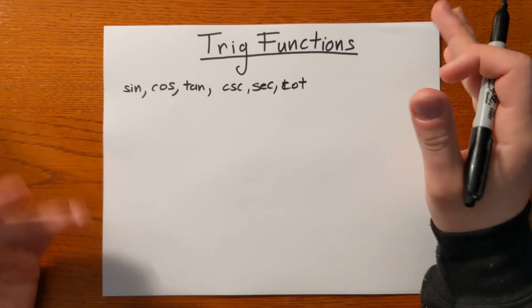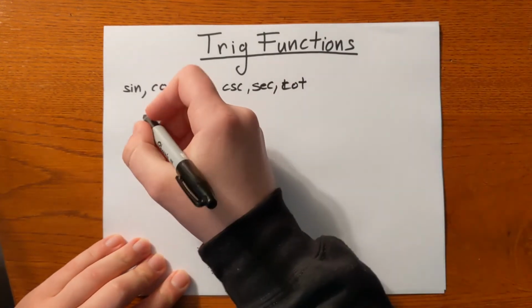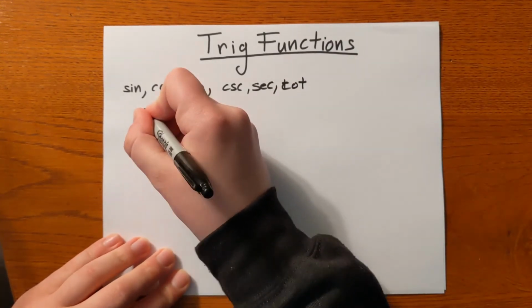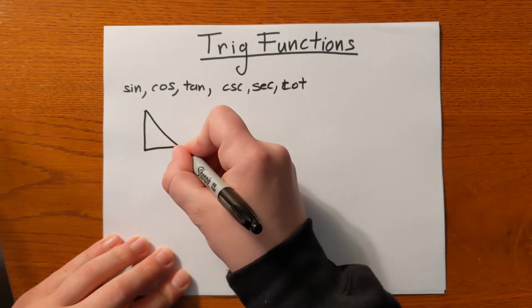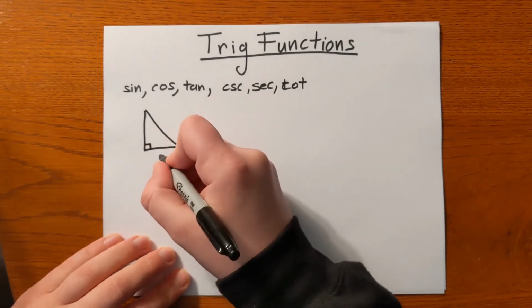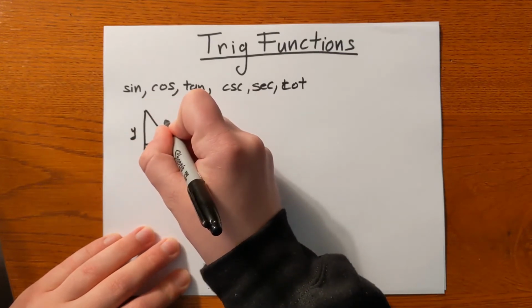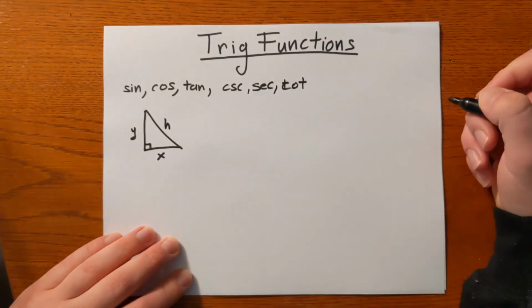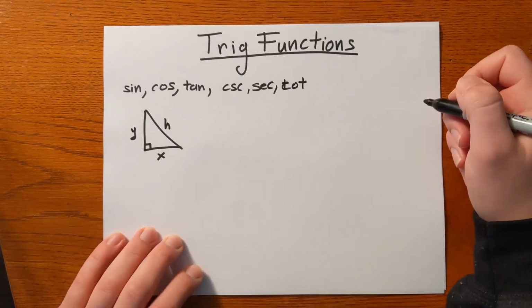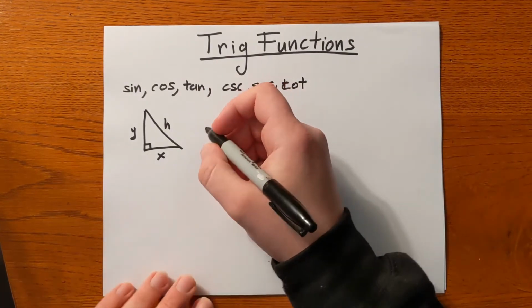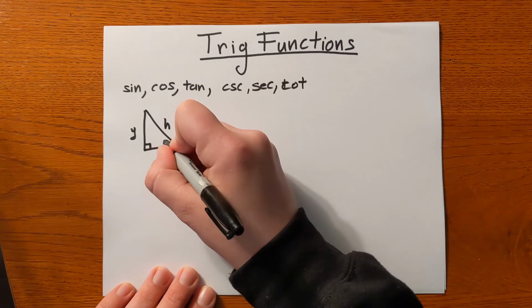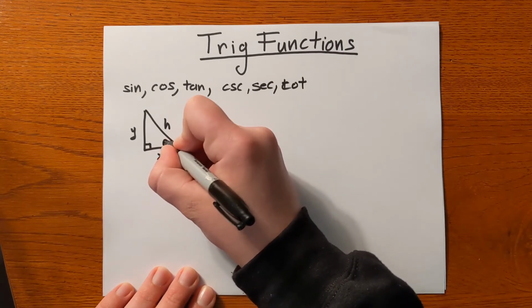But if we look at a right triangle, I'm going to call this x, this y, and this h, H for hypotenuse. So, relative to an angle here, I'm going to call this angle theta.